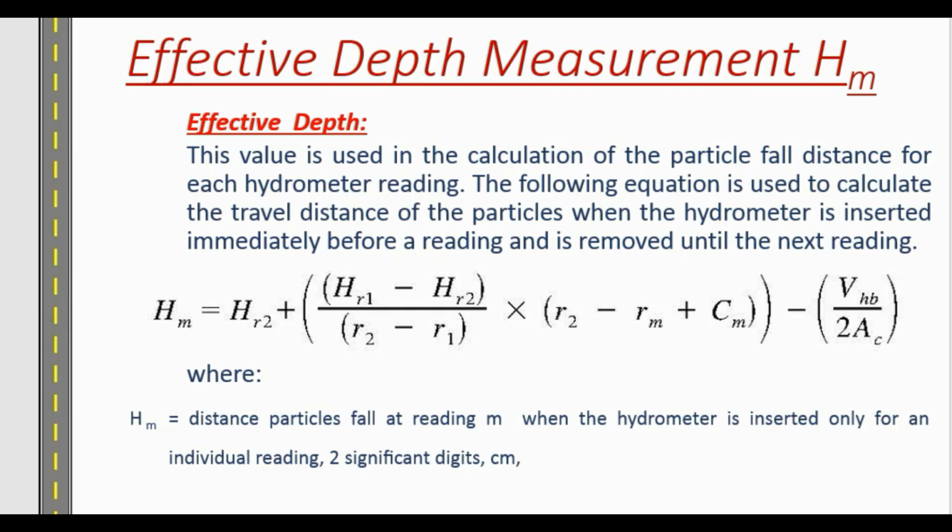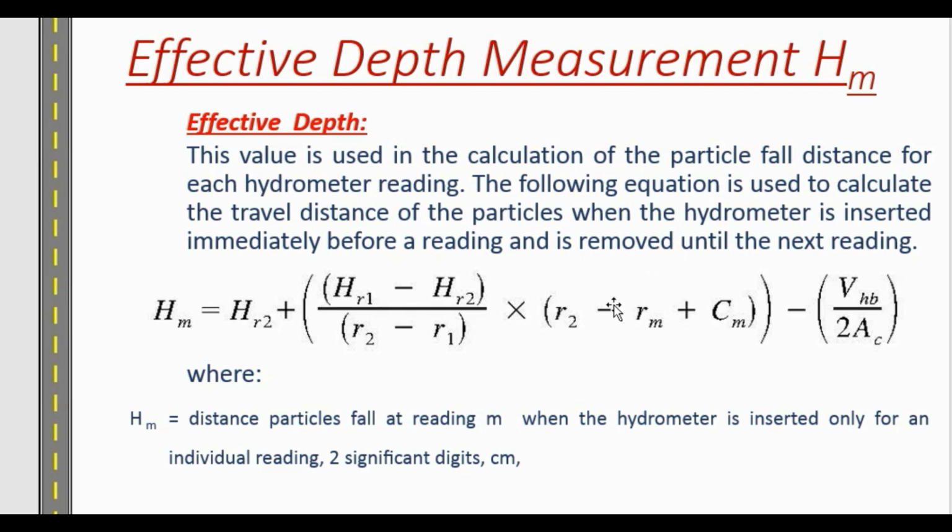There is an equation provided that will help us measure the effective depth. In that, HM denotes the hydrometer, HR2, which we will discuss further along with HR1, HR1 minus HR2 divided by R2 minus R1, into R2 minus RM.